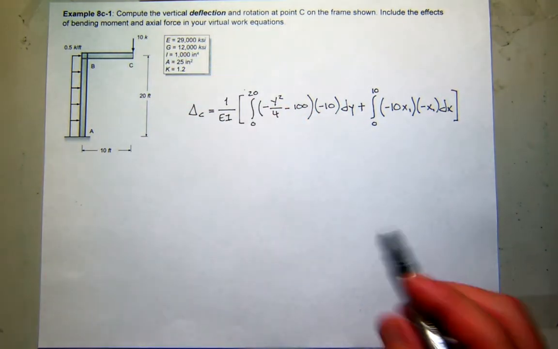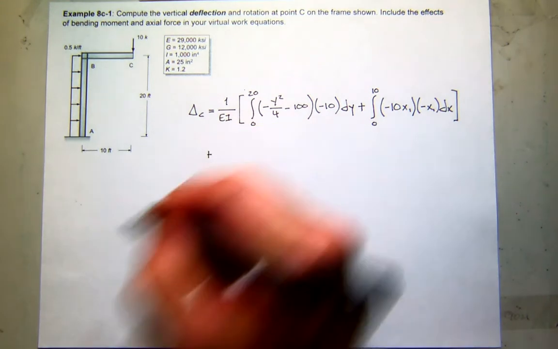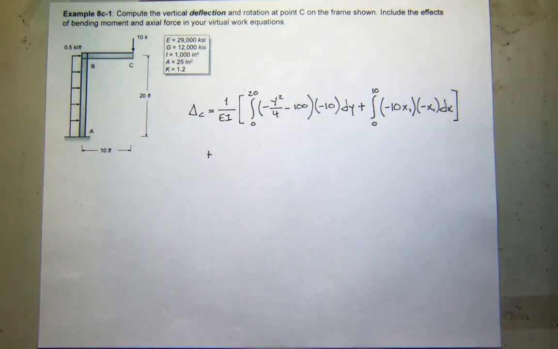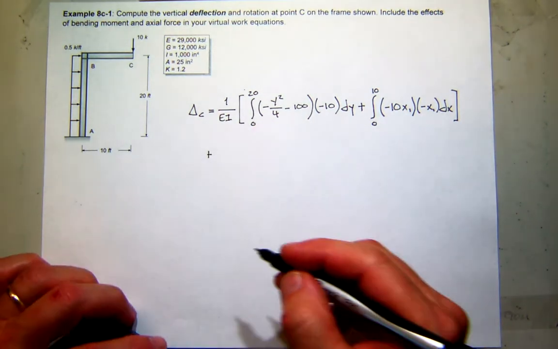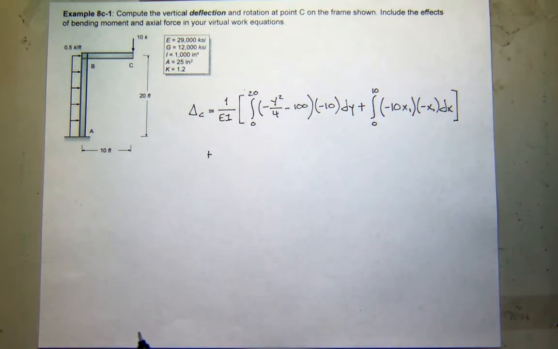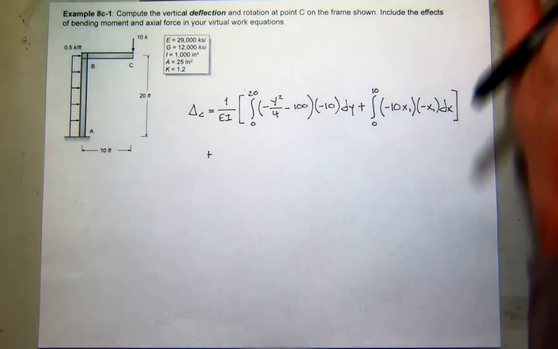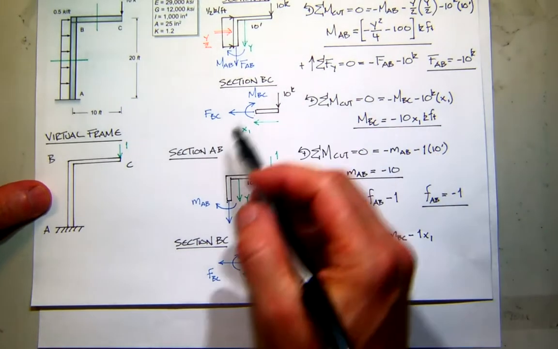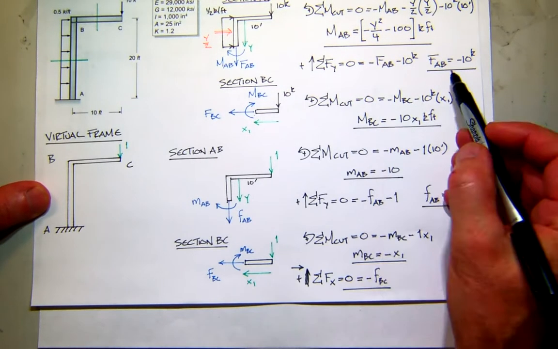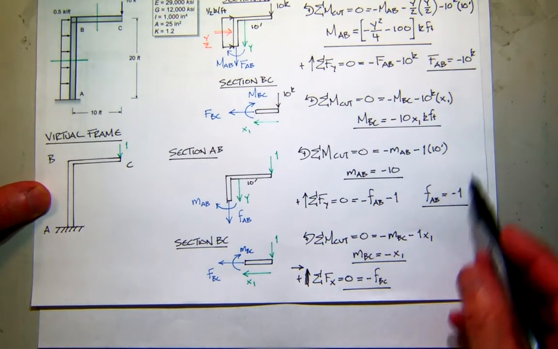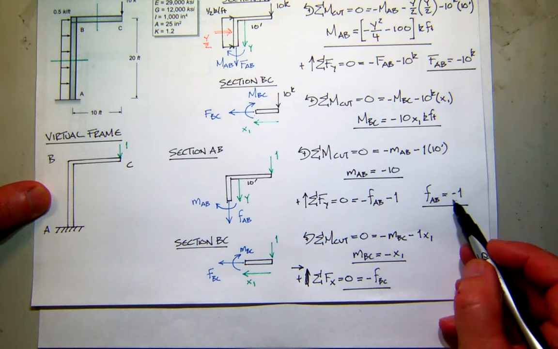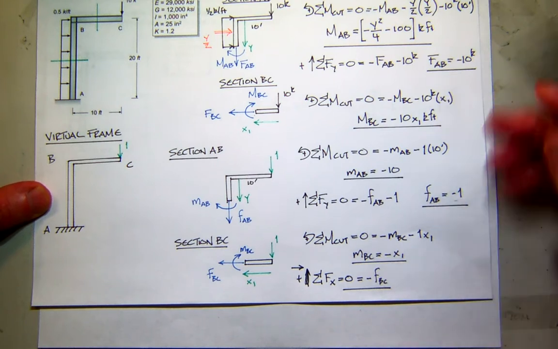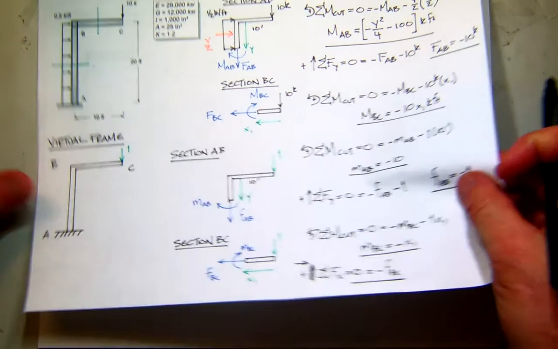And we're not done here because we have to add to it what? The axial piece. The axial piece would be the real force in AB. So here's AB. We have minus 10 for the real force and minus 1. And in the BC section, we have no axial components.